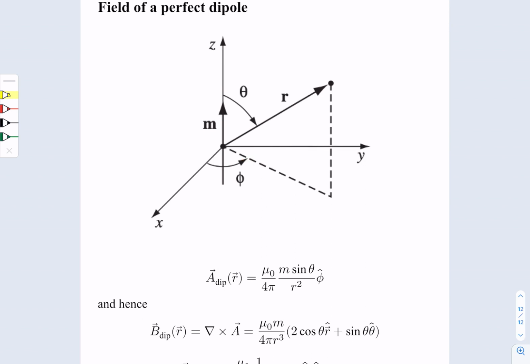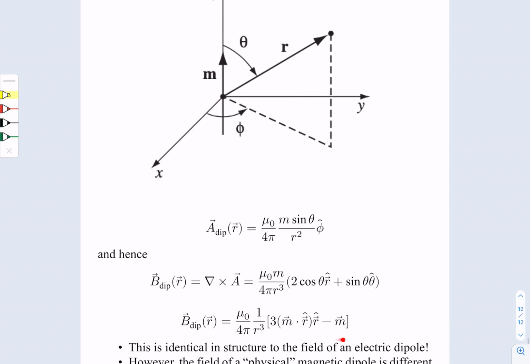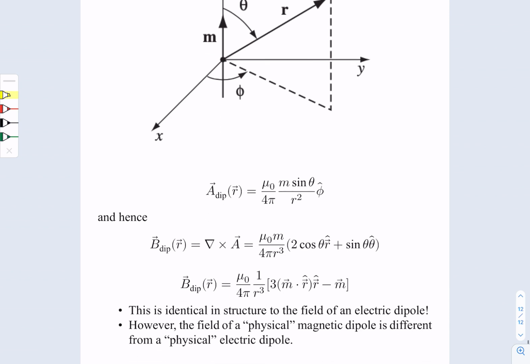If you work out the A field for the dipole, it's along the phi direction, and you can also work out the magnetic field, that is del cross A. If you write this down in coordinate-free form, the magnetic dipole field actually looks similar to the electric dipole.